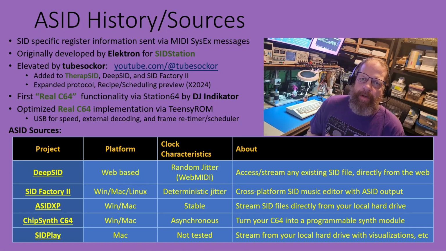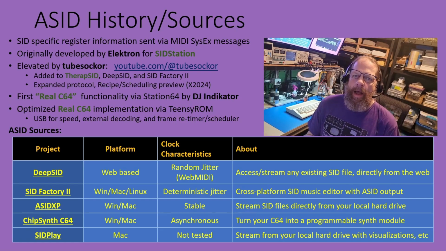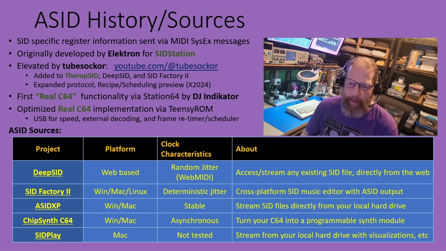The SID Factory 2 application for SID development and editing has a fairly good clock, but it has some deterministic jitter to it that is correctable by the timer. The ASID XP application was the original one by Electron, and that clock is actually fairly stable on its own.